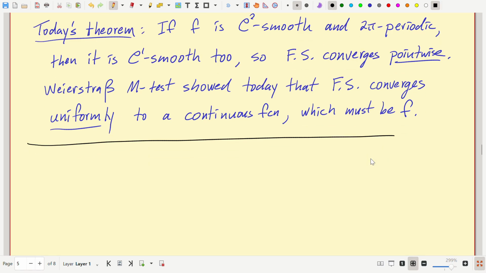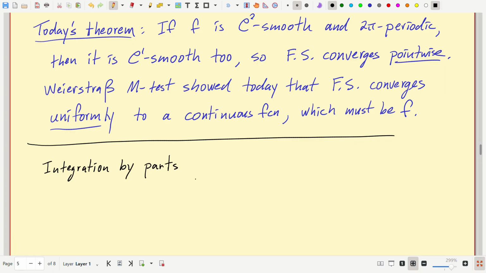Well, I guess maybe I should also remark that that same argument, the integration by parts, in the real case, in fact, you're going to do one of these calculations in the homework.